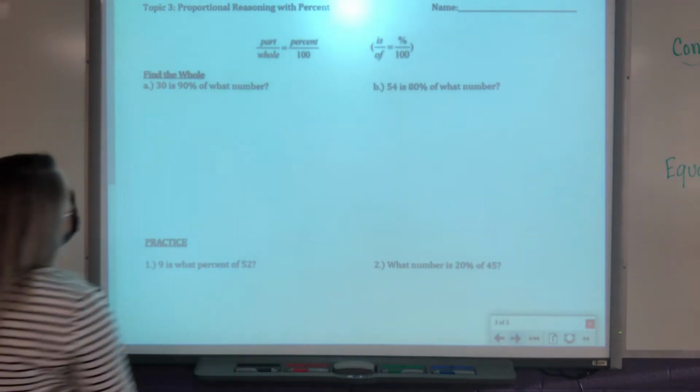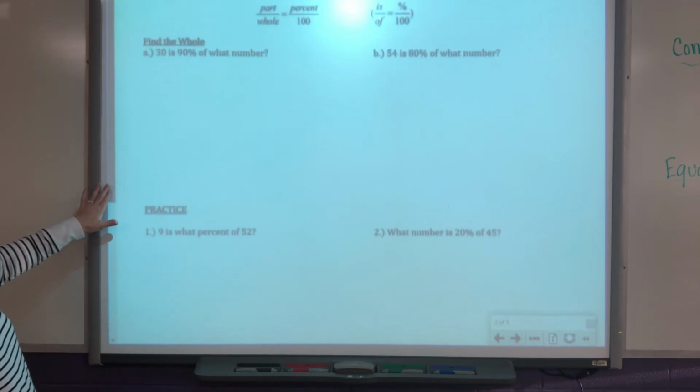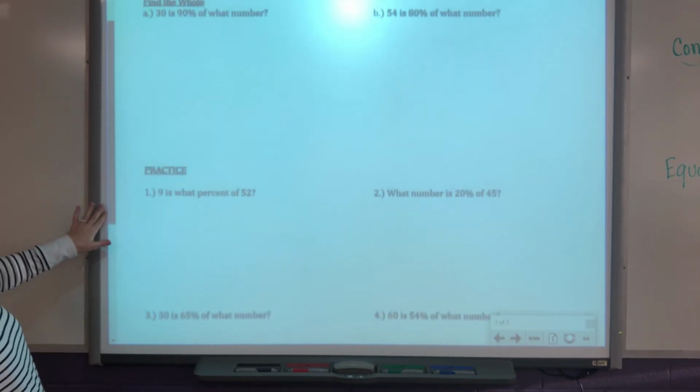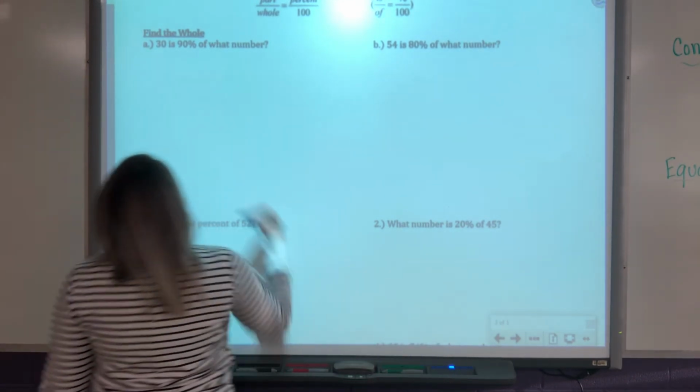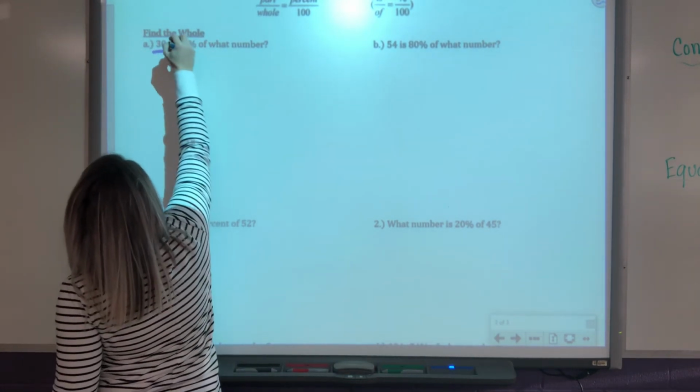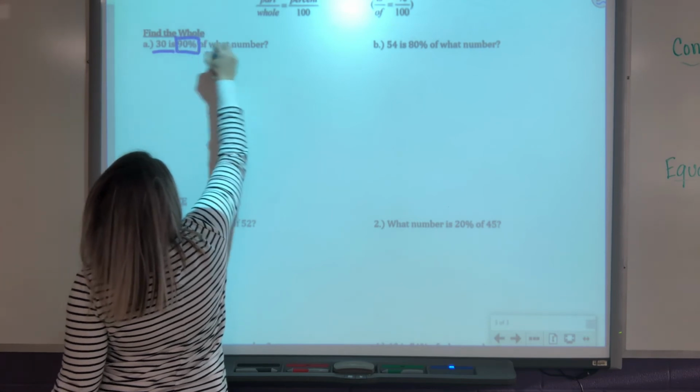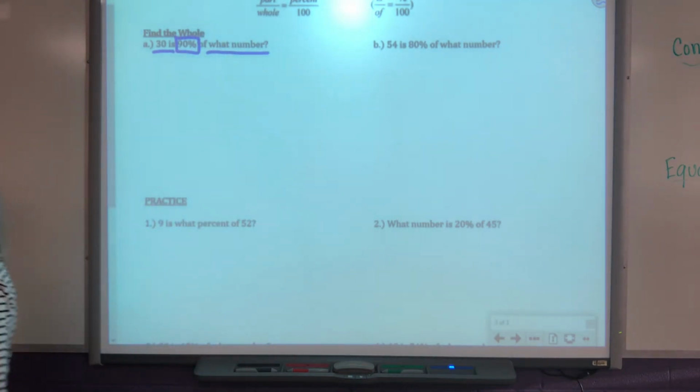All right, flip the page. 30 is 90% of what number?